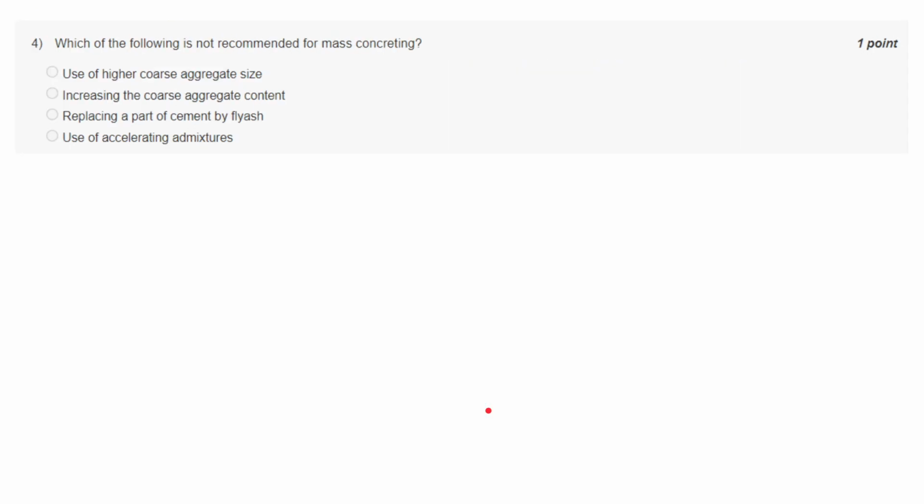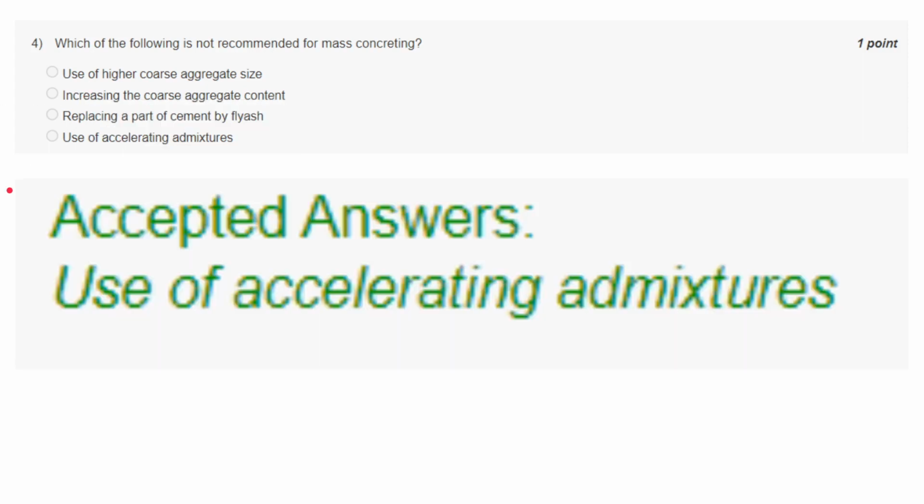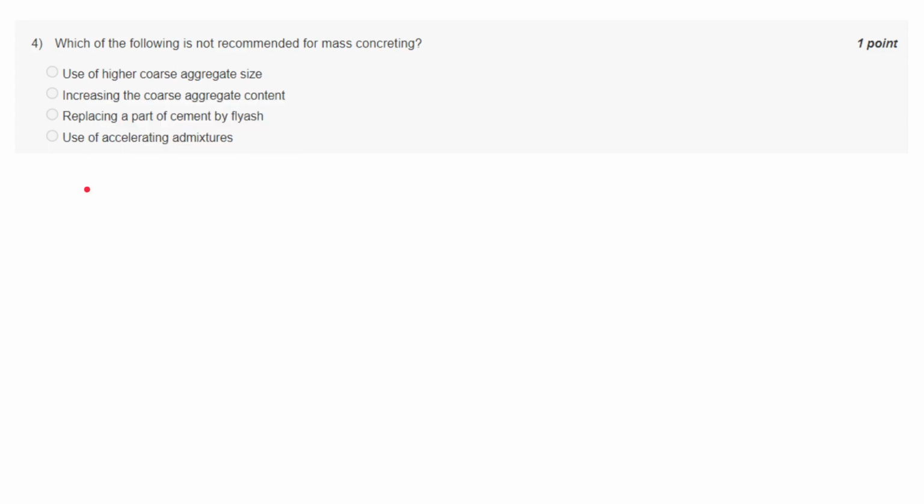Okay. So fourth question, which of the following is not recommended for mass concreting? Use of higher coarse aggregate, increasing the coarse aggregate content, replacing a part of cement by fly ash, or use of accelerating admixtures. So use of higher coarse aggregate is good because of the reduction of cement.